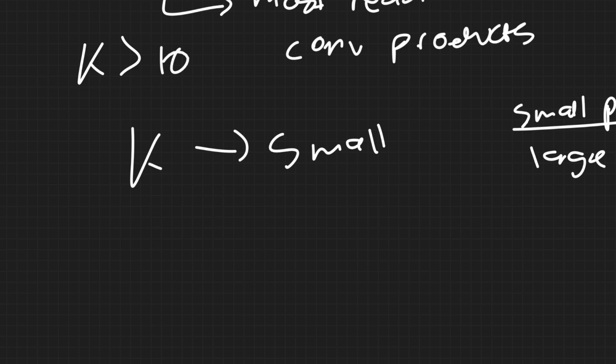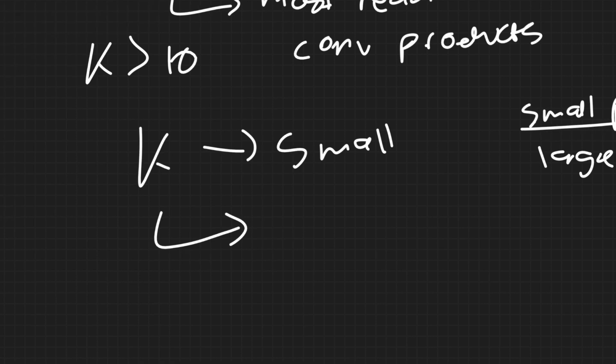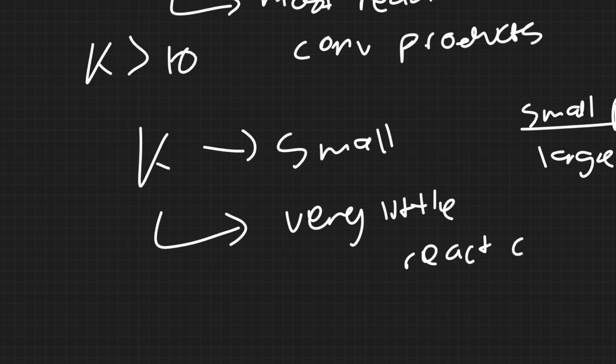So that essentially tells us that very little reactant converted to products. So that's essentially what a large and small K value would mean.